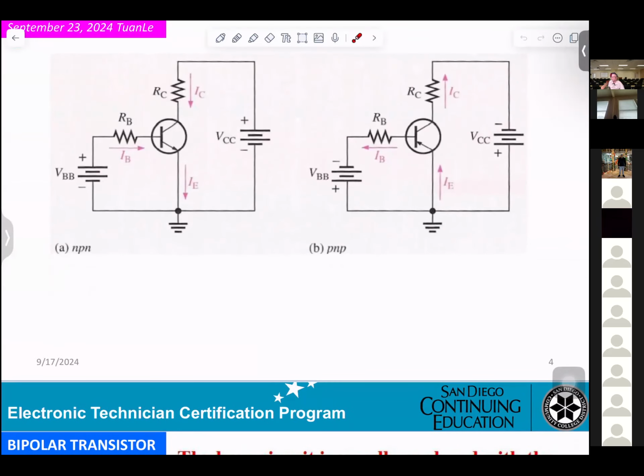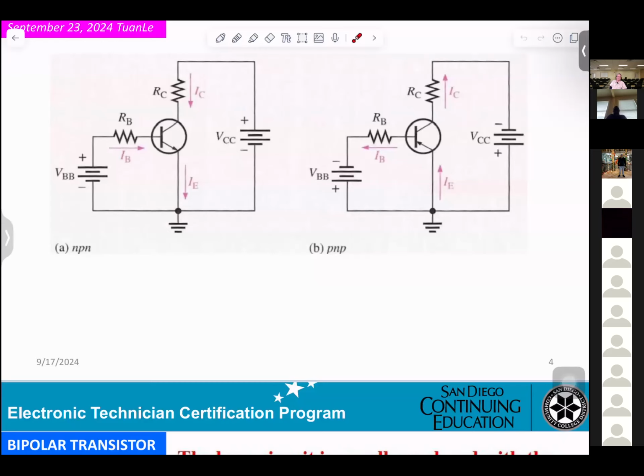First lecture today, we're talking about DC bias. What that means? Without a power supply, you cannot turn on the diode. That means the transistor cannot work without the DC power supply.